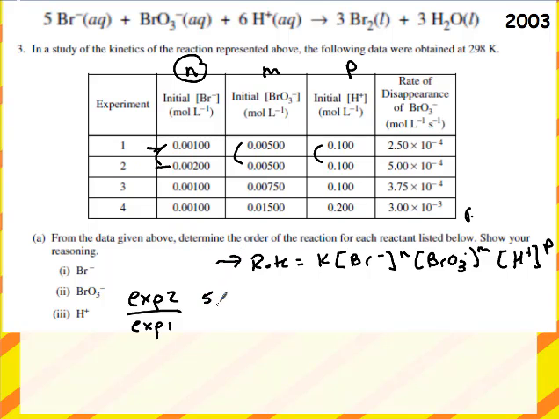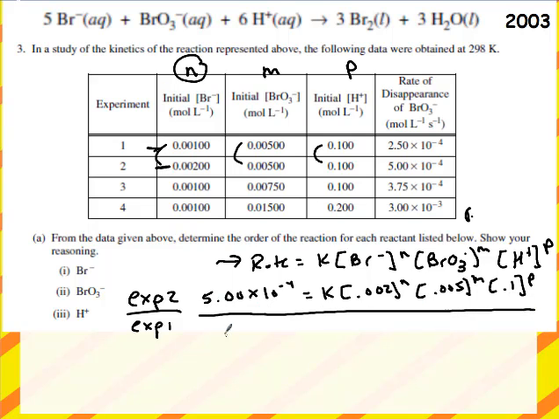So for experiment 2, my rate, I don't know k, I know my Br⁻ concentration. And I'm going to plug everything into experiment 1.